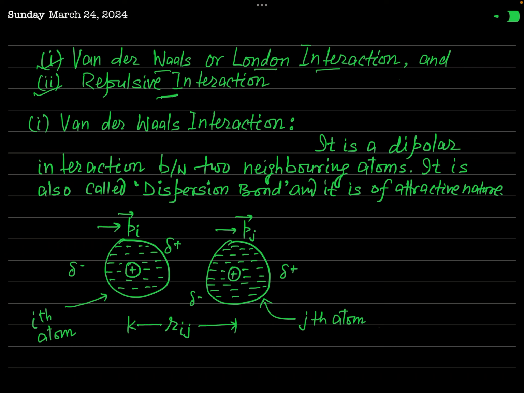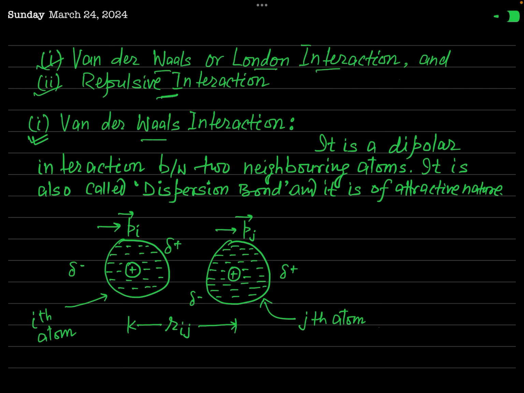So first of all, we will see what will be the interaction energy of i and j due to the van der Waals interaction between them. Actually, what is this van der Waals interaction? In fact, this is the dipole-induced dipole interaction.